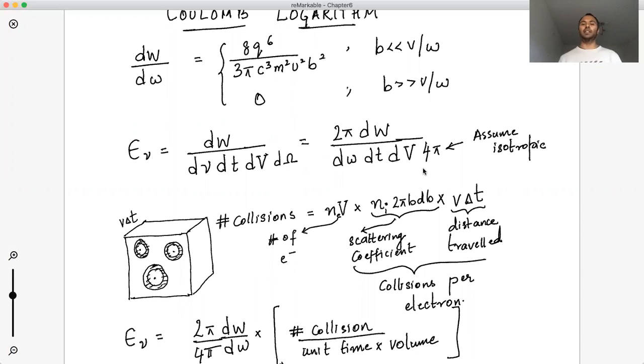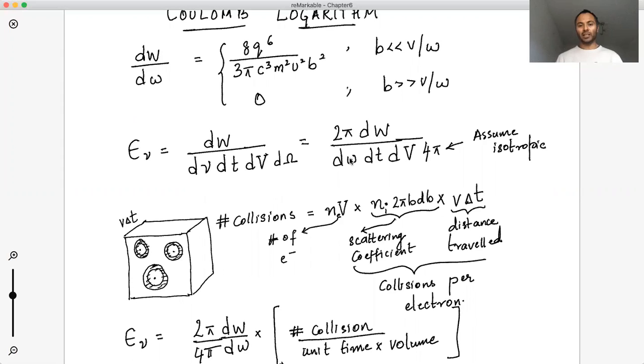But eventually, let's say you apply it to a medium where the velocities of the different charges are all isotropically distributed. In that case, the sum total emission will become isotropic, even though the emission of a single collision is not isotropic. So for now, I'm just going to divide that by 4 pi and say that's the power per solid angle. So I've just assumed an isotropic case.